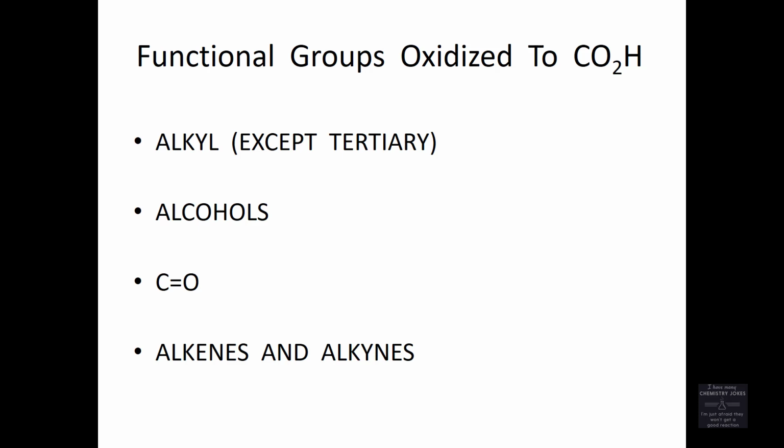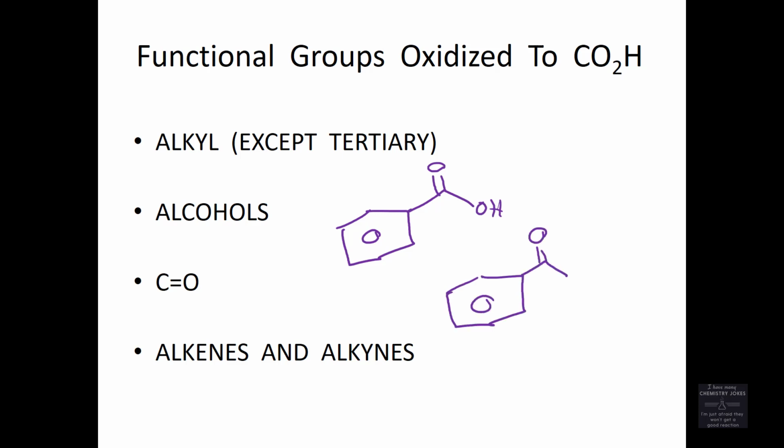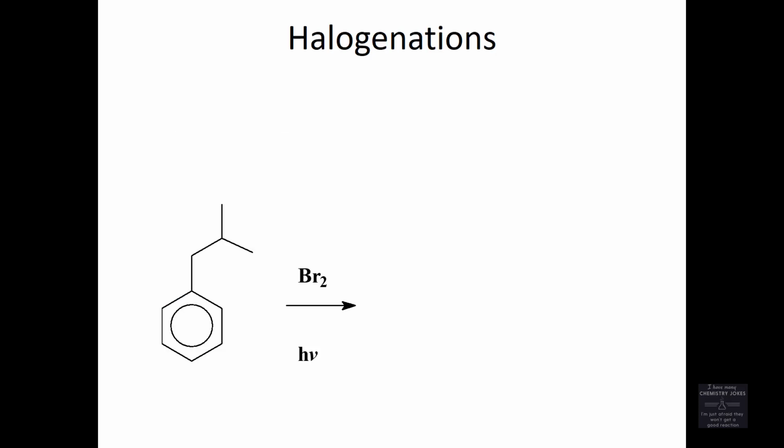Like alcohols, if we had a primary alcohol out there, you oxidize that to a carboxylic acid, for sure. If we had an acyl group out there, like this, that oxidizes to a carboxylic acid. That carbon just disappears. Alkenes and alkynes too. So that's oxidation and reduction of the side chains. Can you do other reactions to the side chains? Of course you can.